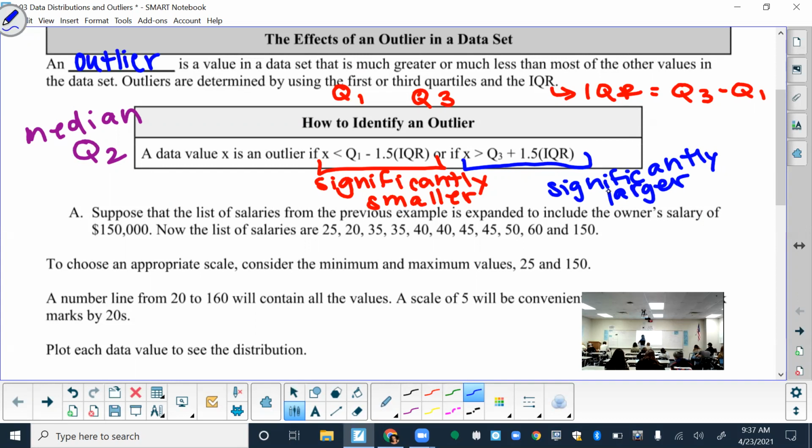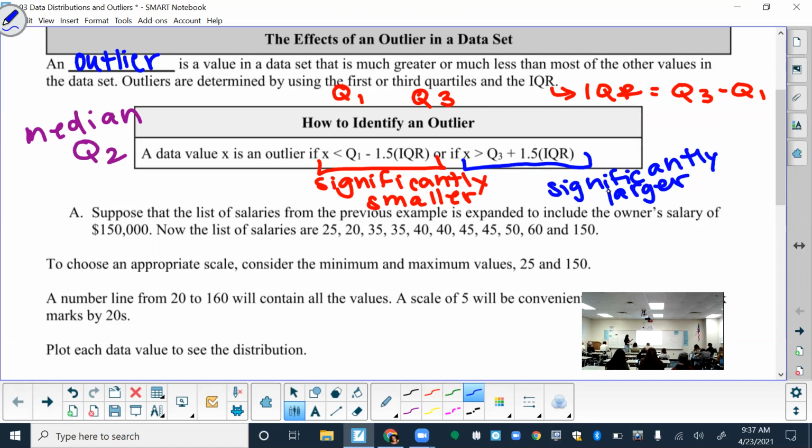So we're going to look at an example that we actually looked at on Wednesday, and it was a list of salaries for a particular company. But now that list is expanded to include the owner's salary of $150,000. So now the data points are what they were originally, but now also 150.